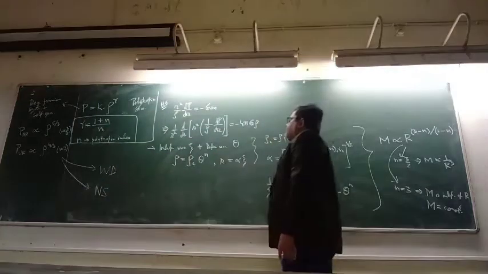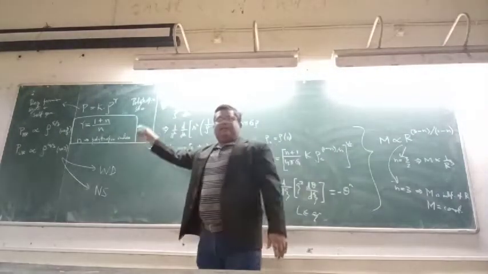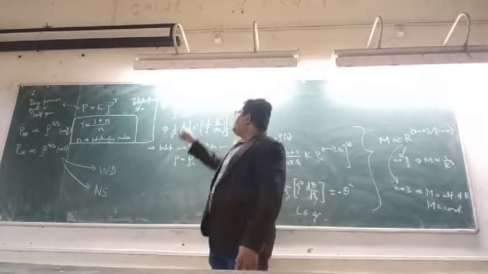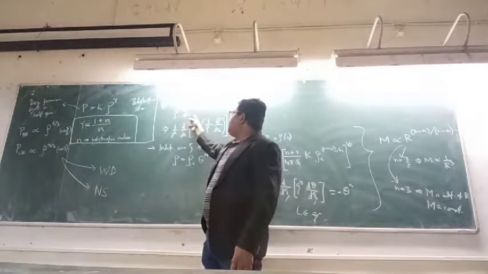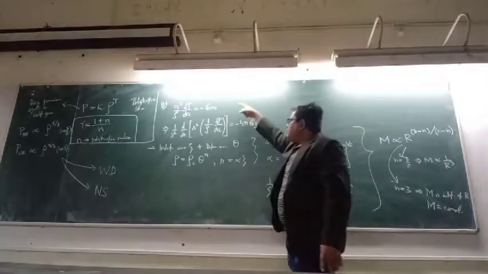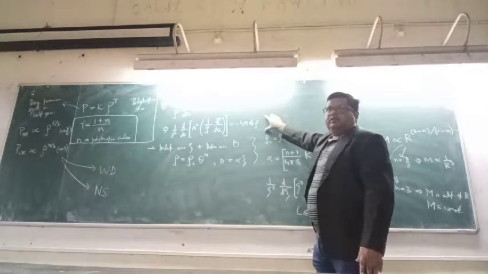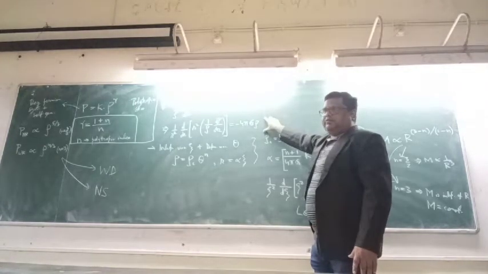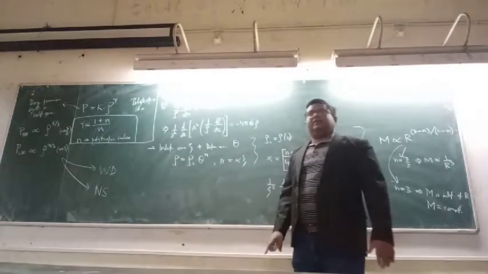Now, let us look into a little bit of the mathematics of this polytropic star. Let us start with the equation of hydrostatic equilibrium, and from there it is possible to get a different form of the hydrostatic equilibrium equation. In fact, this form you can also get in fluid dynamics.